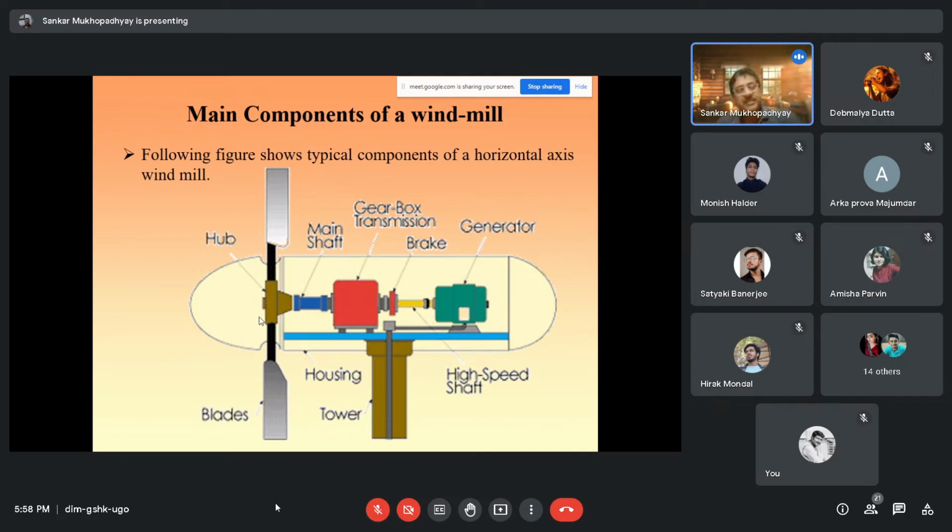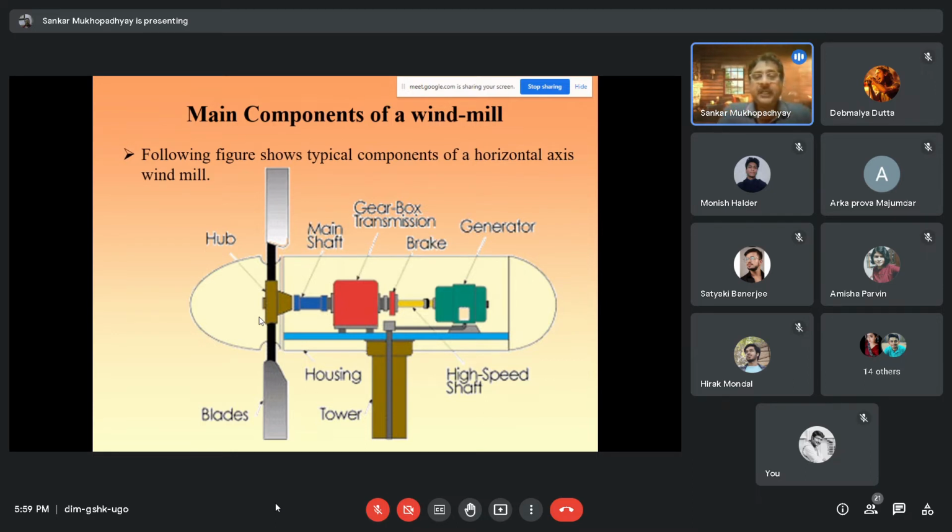So the blades should get proper aerofoil direction wind. That's why the shape is made a little bit curved and semicircular, tapered off at the front.